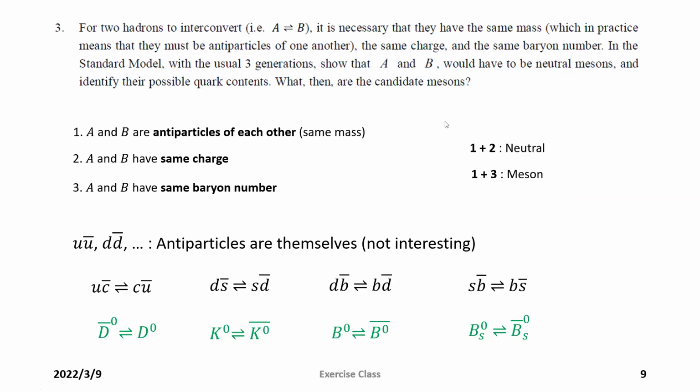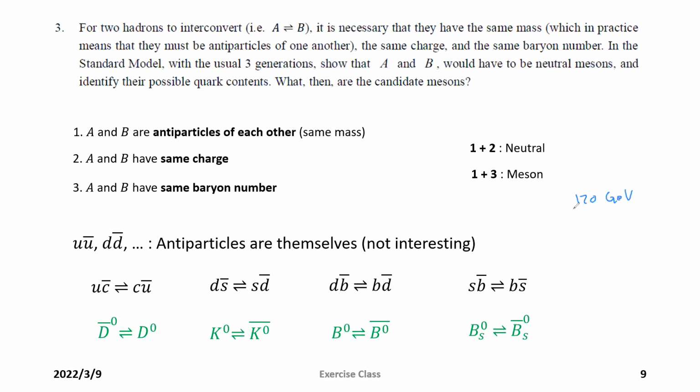Okay, and a student asks why we don't consider the top quark here. If we refer to the standard model, the top quark has a very high mass. I don't remember exactly, it's maybe 170 GeV or so.